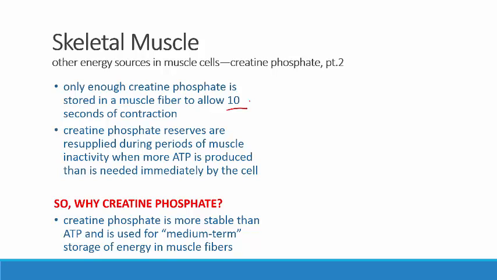The reason that we use creatine phosphate is because it's a good medium-term storage molecule for storing up energy. ATP is a relatively unstable molecule, and so it can't hold on to its phosphate group for a very long time. Creatine phosphate is like a medium-term storage form of energy there in the muscle fibers.